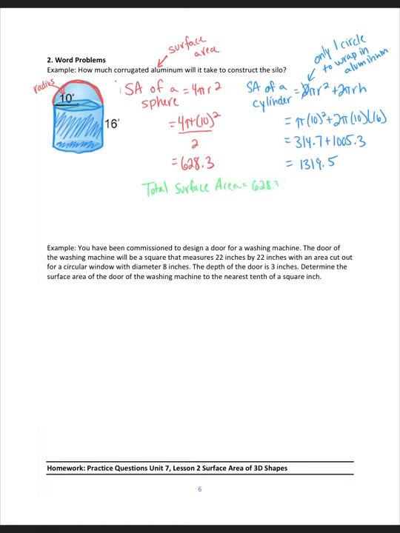So 628.3 plus 1319.5, which equals 1947.8. And this is in feet, so feet squared. So we could say, therefore, it will take 1,947.8 square feet of corrugated aluminum.